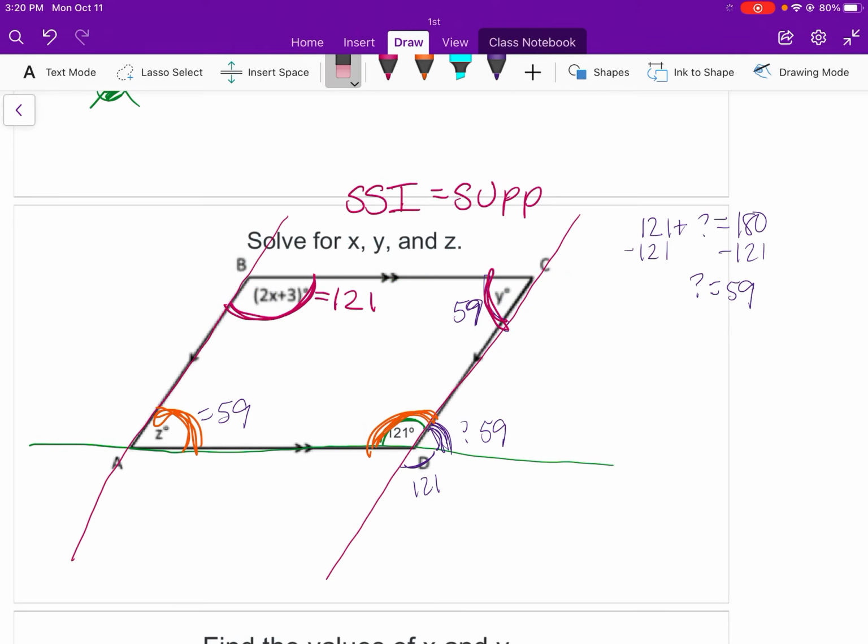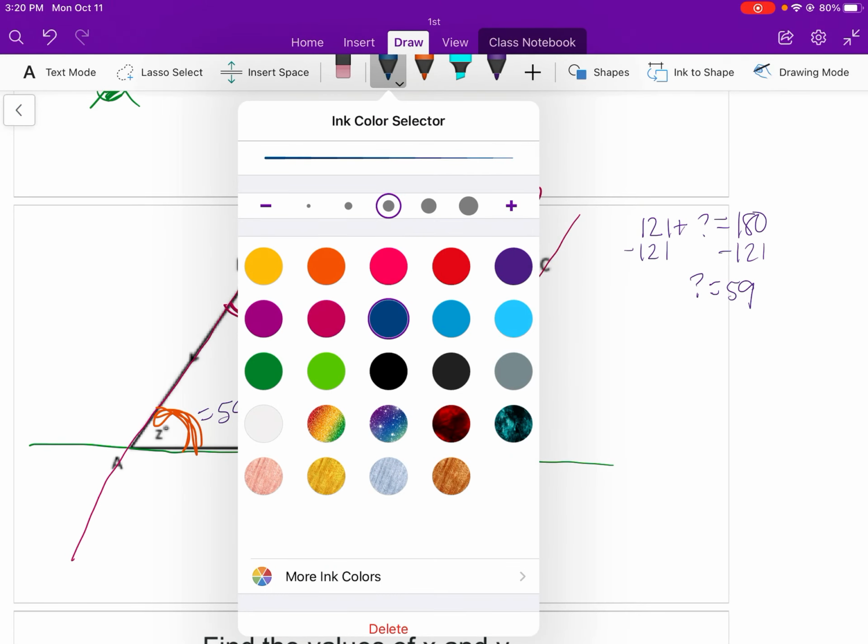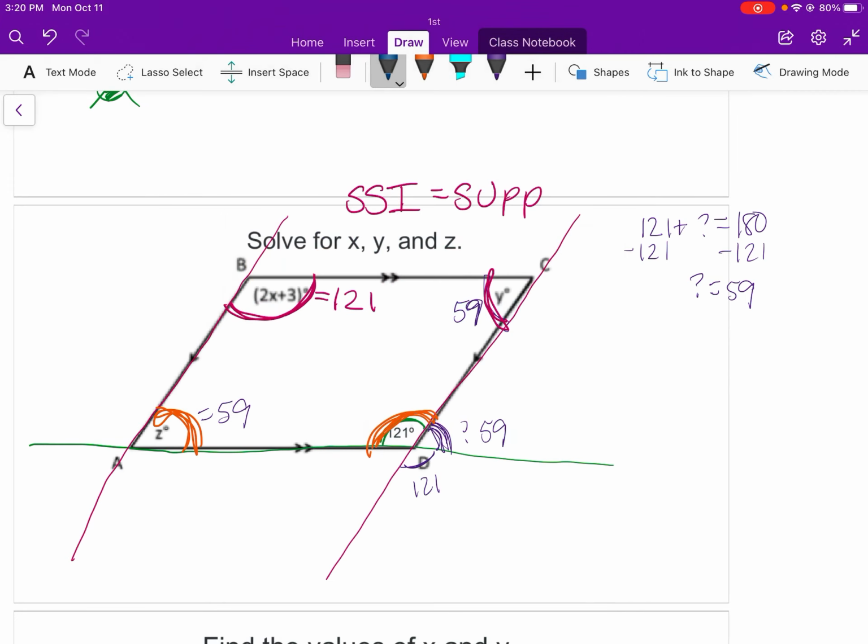Okay, so I'm going to erase that. Now, when I break it down, I have X equals, Y equals, and Z equals. Y and Z are very easy because we've already found what Y and Z equal.